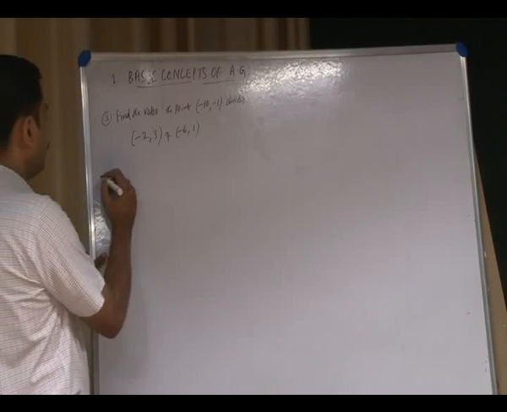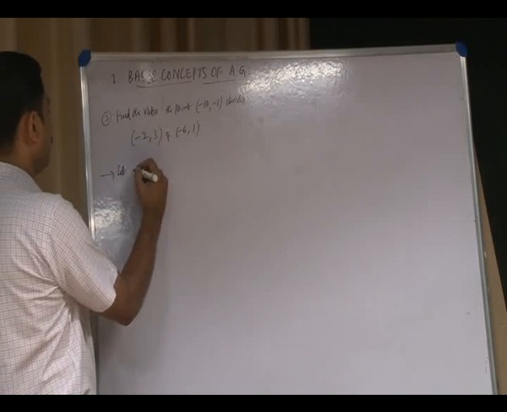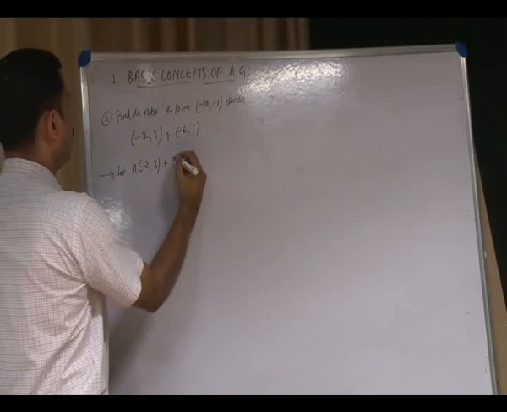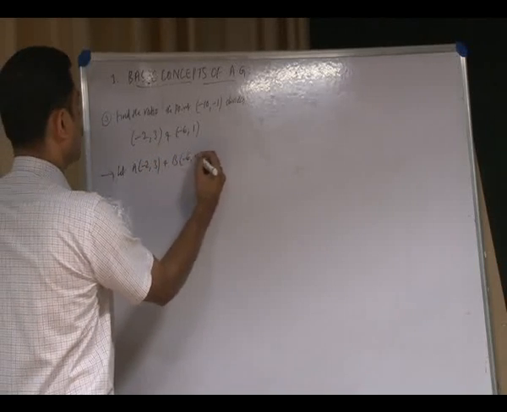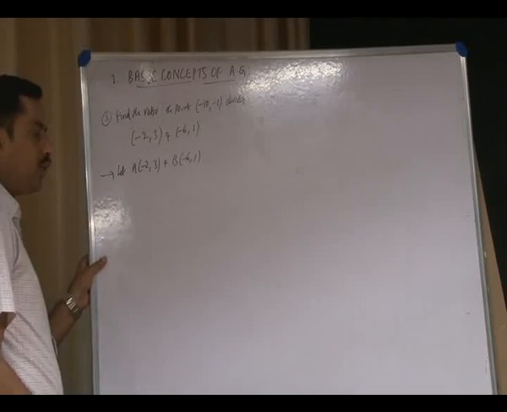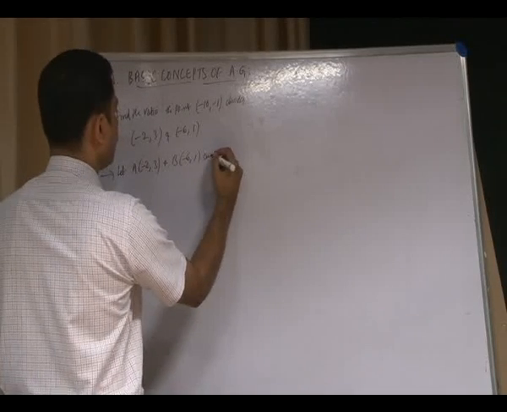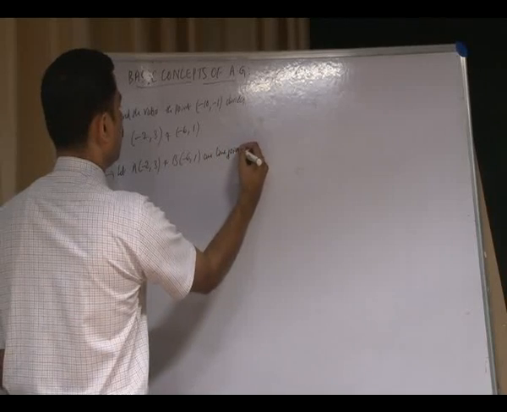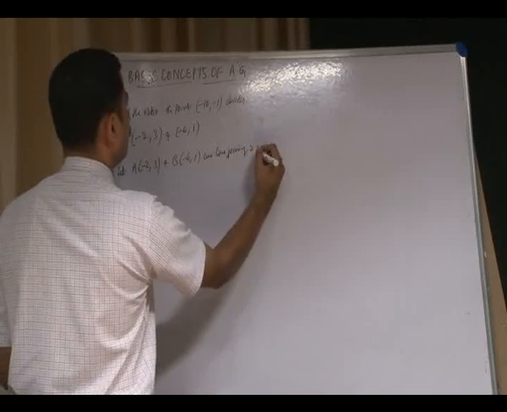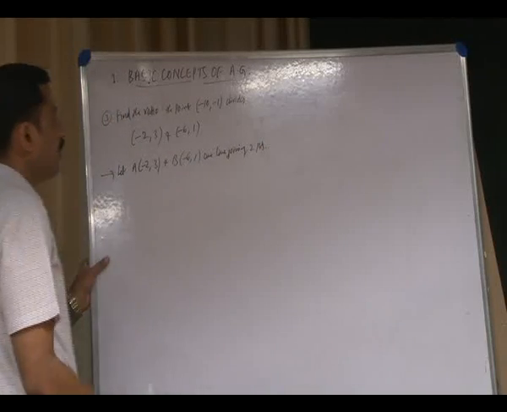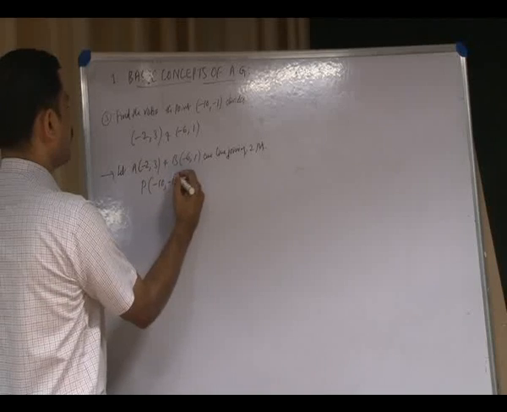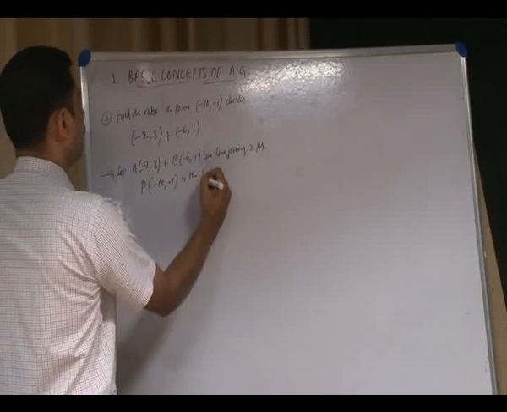So, for that let A minus 2 comma 3 and B minus 6 comma 1 be the line joining 2 points, and P minus 10 comma minus 1 is the point of division.